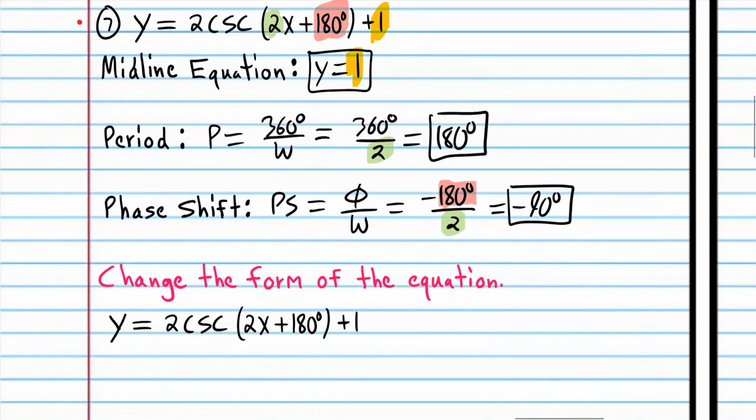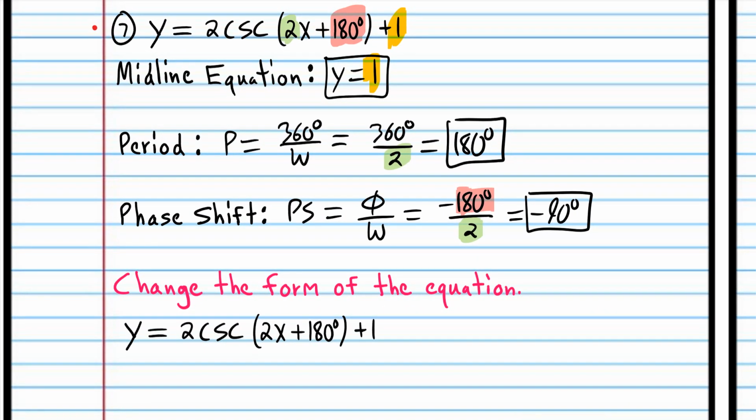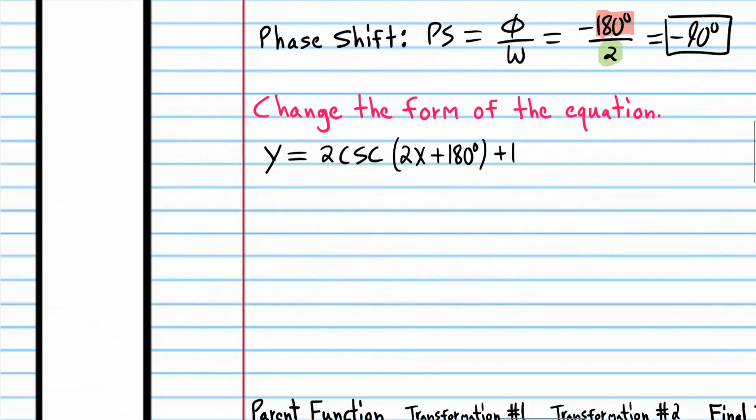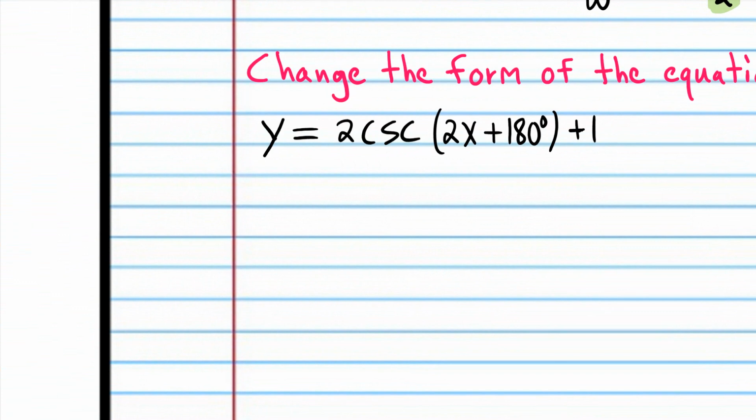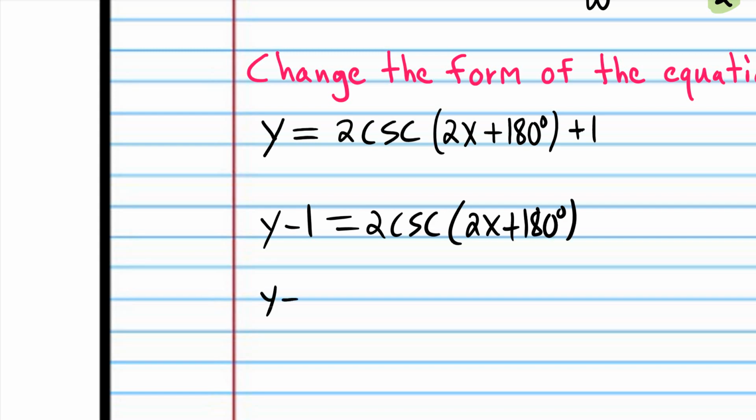Now notice that there's no amplitude. They're not asking for the amplitude because with these curves there is no amplitude. The amplitude value only applies to the sine and the cosine curves. So now I'm going to subtract 1 from both sides of the equation. Divide both sides of the equation by 2.